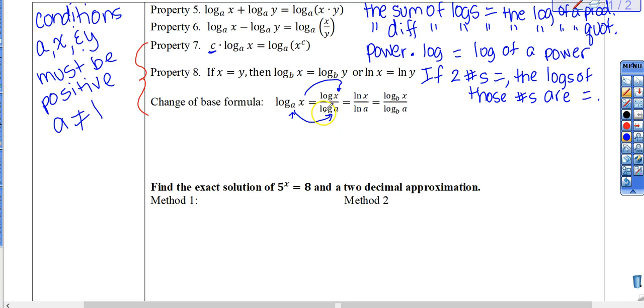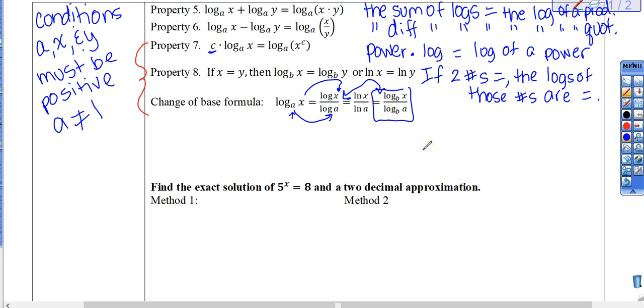And you can choose to use common log, or natural log, or any base you want, which is nice. And P.S., this is a really nice statement.